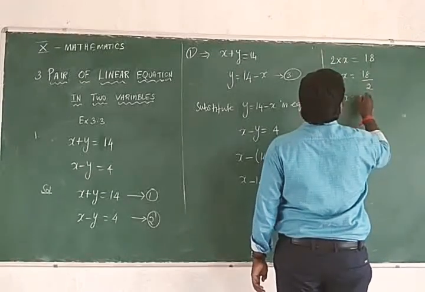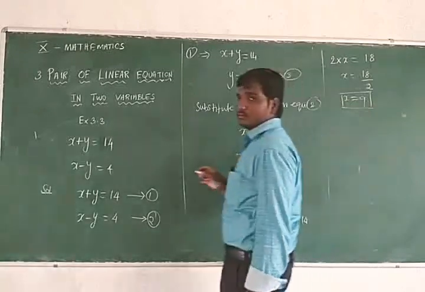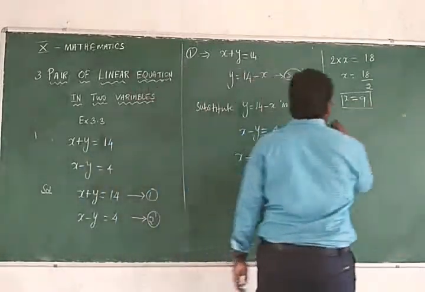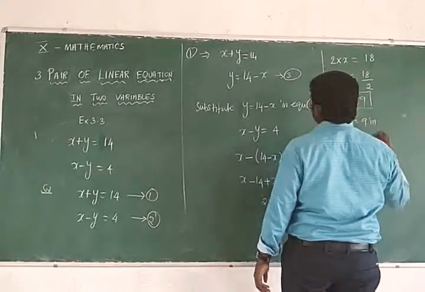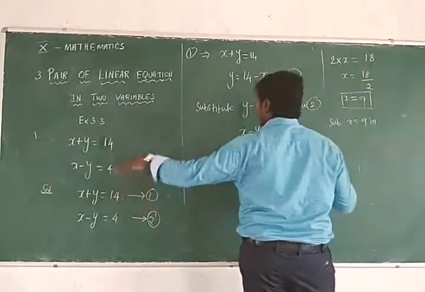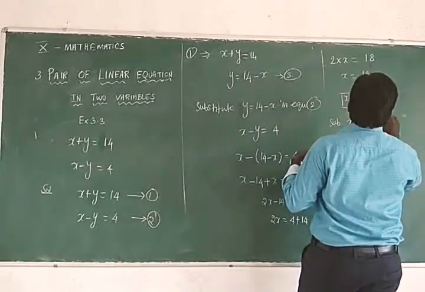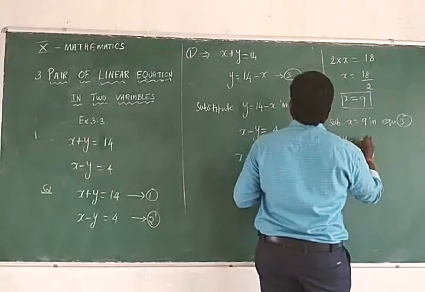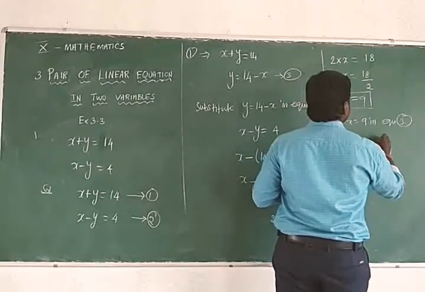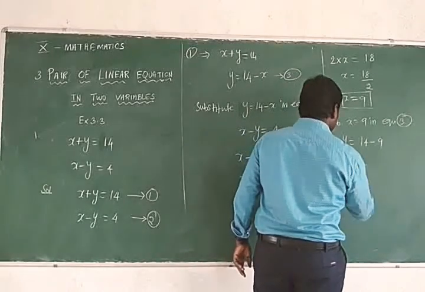So x value is 9. Now substitute x is equal to 9 in any one equation, 1 or 2 or 3, your wish. I substitute here in equation number 3, because here we can directly find. So y is equal to 14 minus 9. X value 9, so y is equal to 5.